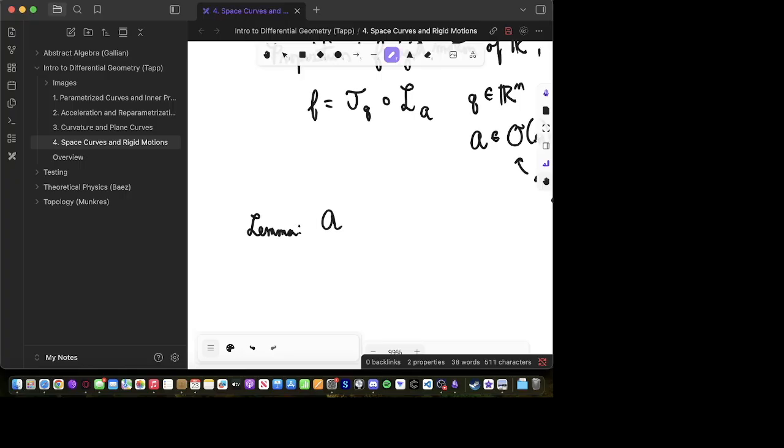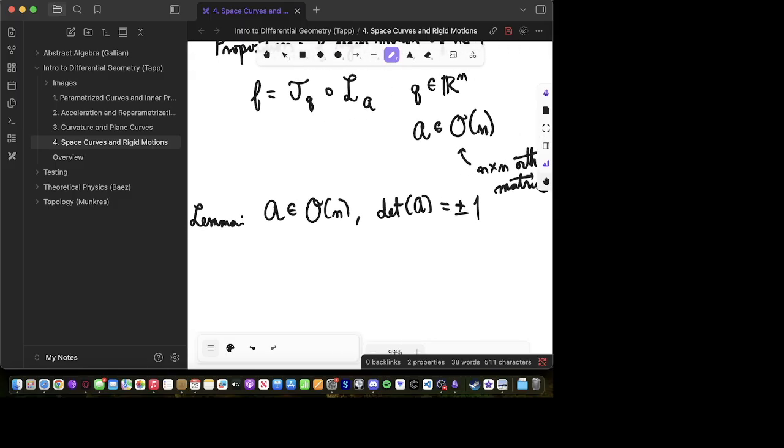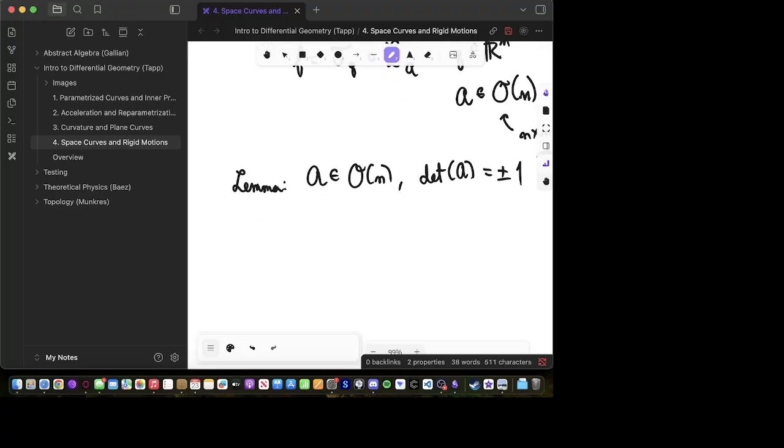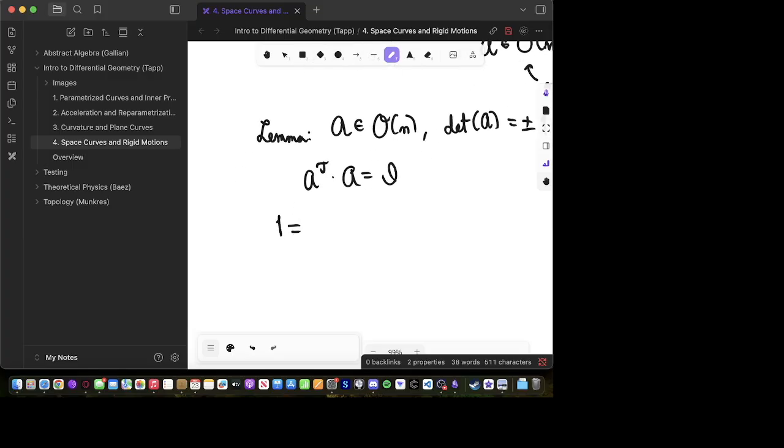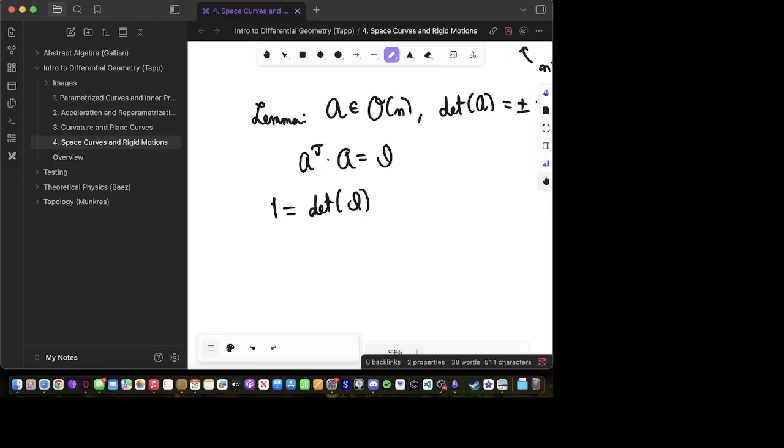Furthermore, if we have a matrix A that is orthogonal, then the determinant of A will either be positive or negative 1. The reason why is because we know from before that A transpose times A is going to be equal to the identity. So 1 is equal to the determinant of I. If you haven't seen the determinant before, you're just going to have to trust me on this one, but if you do know about the determinant, you can follow through this.